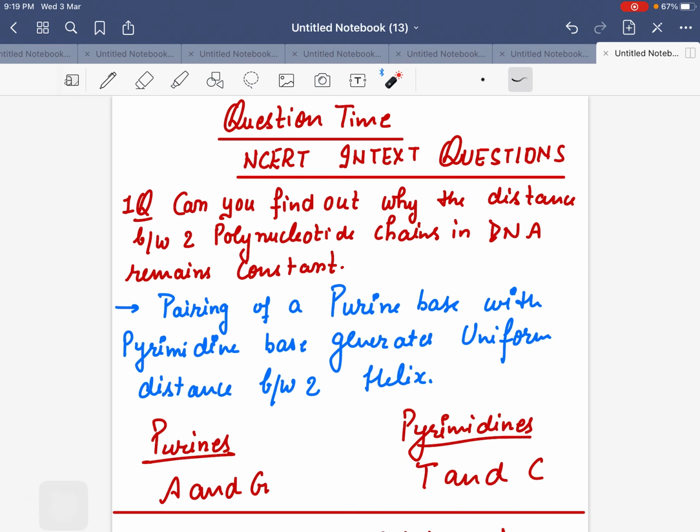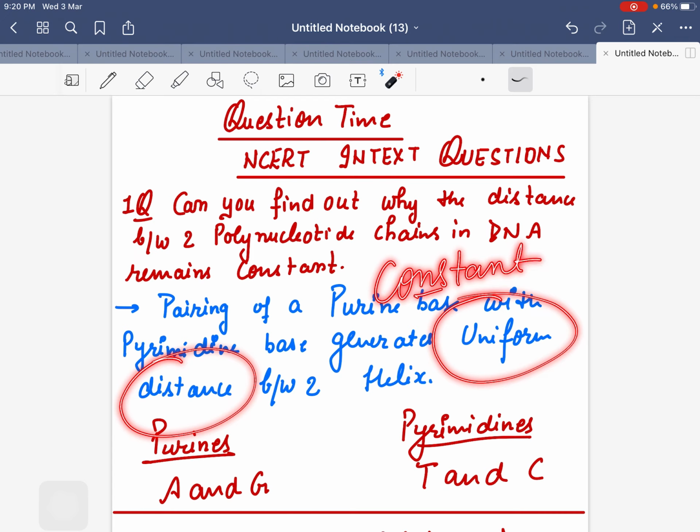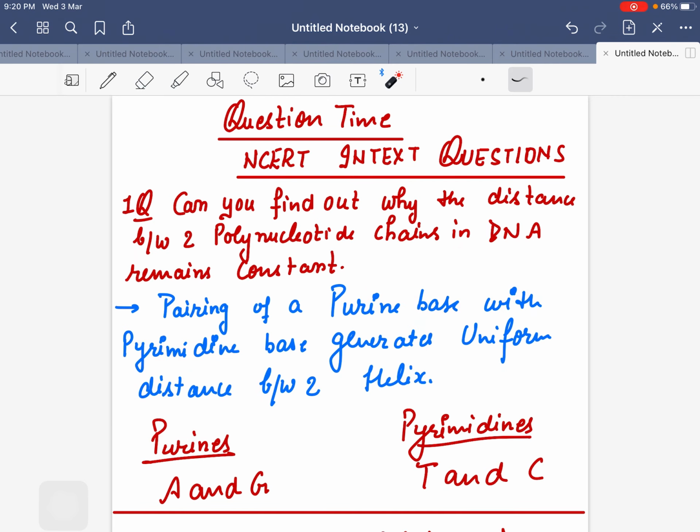So now it is time to solve a few in-text questions quickly. There was one question: can you find out why the distance between two polynucleotide chains in DNA always remains constant? We just said that, according to Chargaff's rule, which you can quote in your exam, a purine always pairs with a pyrimidine, due to which there is a uniform constant distance between the two helices. Which are the purines?